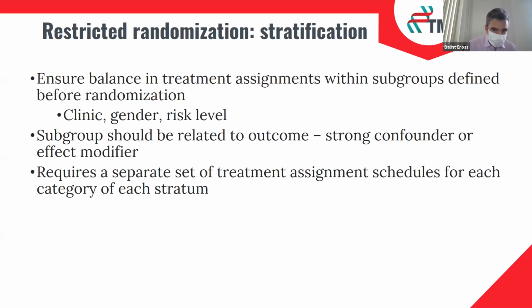And these subgroups should be related to the outcome, a strong confounder or effect modifier. It requires a separate set of treatment assignment schedules for each category of each stratum.